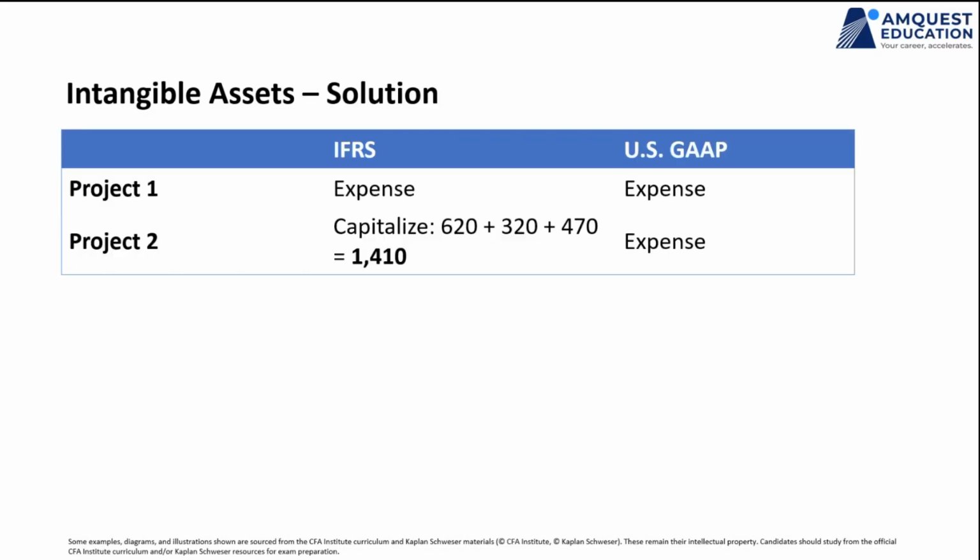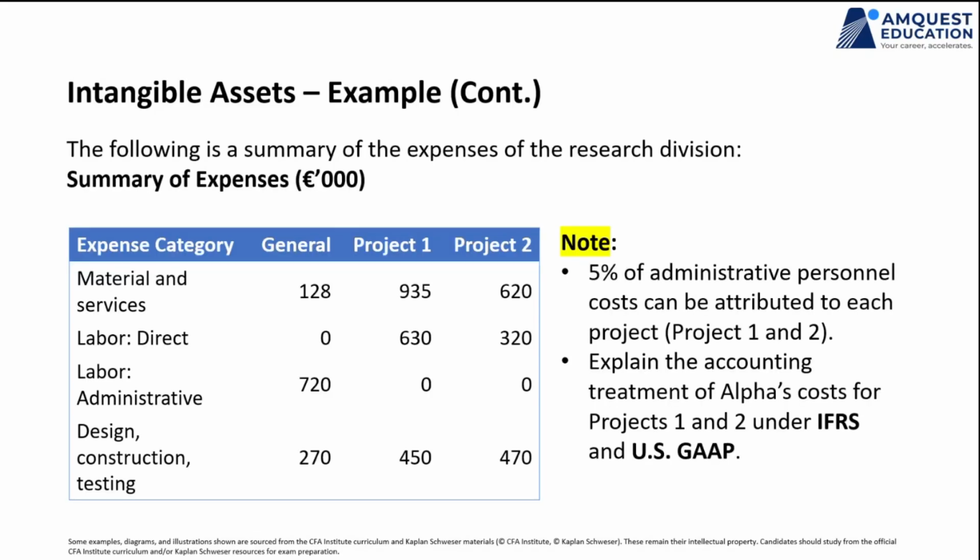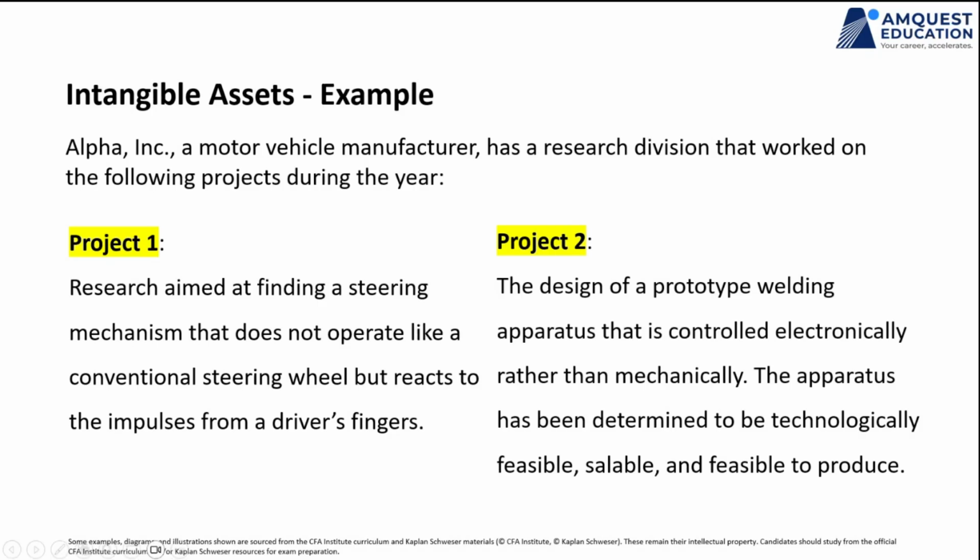Now for project 1 under IFRS, everything is expensed, all the cost. For project 1 in US GAAP, also all expense. Now, why are we going to do that for project 1? So in project 1, we are looking to make a steering mechanism, right?